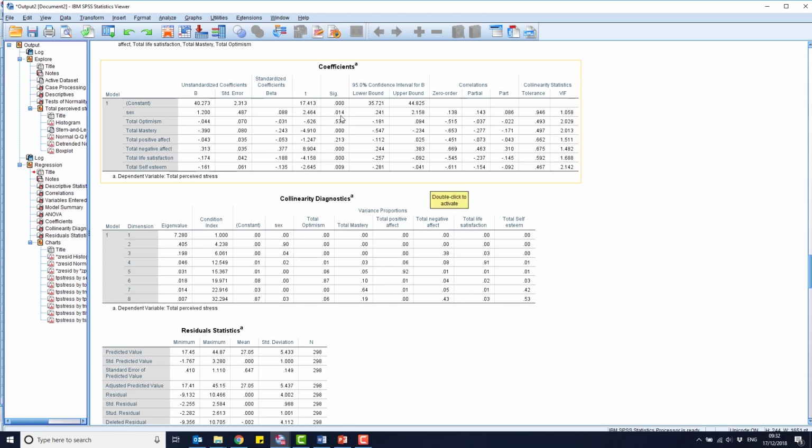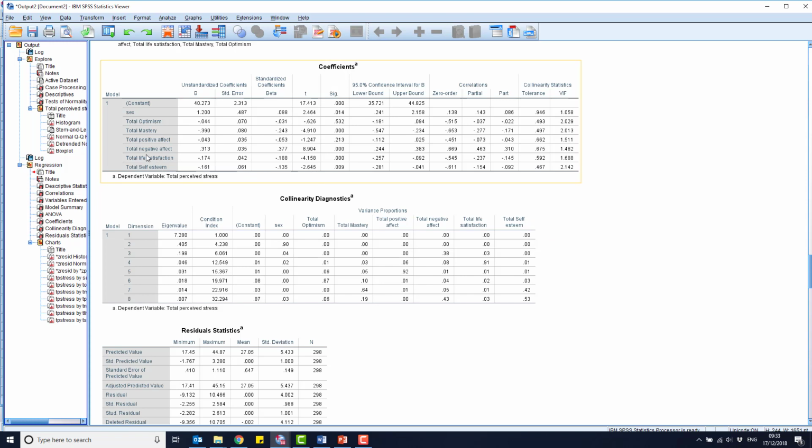So we can see that sex is statistically significant, mastery, negative effect, life satisfaction and self-esteem are all statistically significant, but actually optimism and positive effect are not. So that tells us something quite interesting. If we're thinking back to the context, what does this suggest?